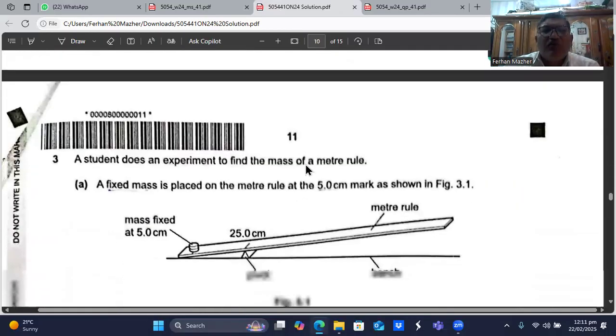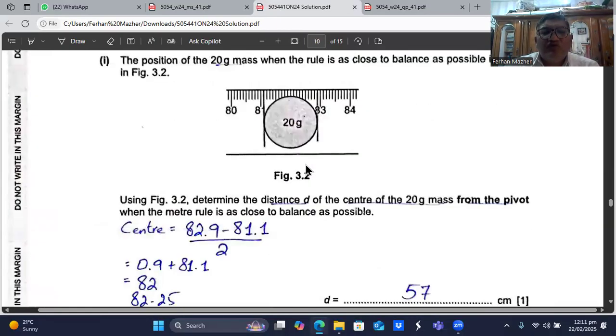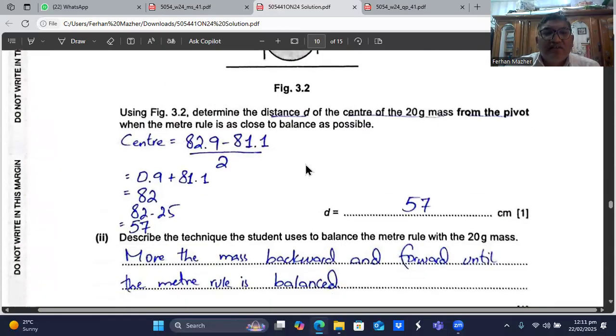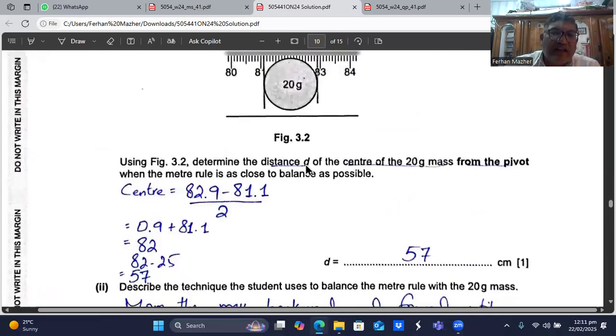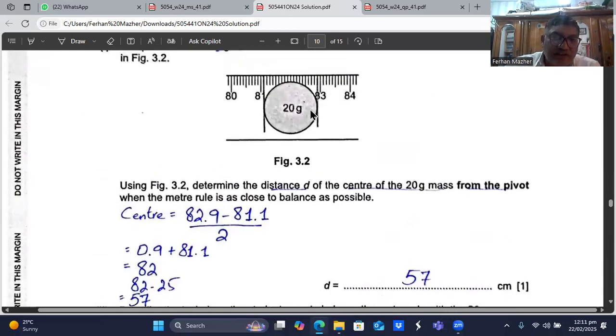So we will subtract them, or you can add them up and divide by 2. You get the point. So 82.9 minus 81.1, and whatever is the difference between the two readings, you divide that by 2. So whatever the reading is, that is 0.9. Then you add this to 81.1 and you will get the reading 82.